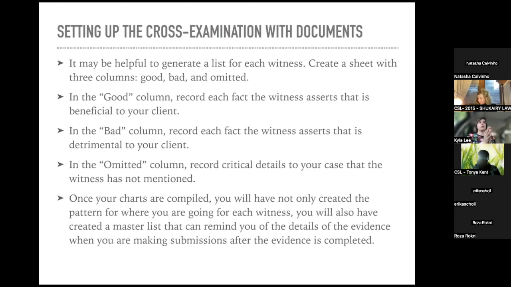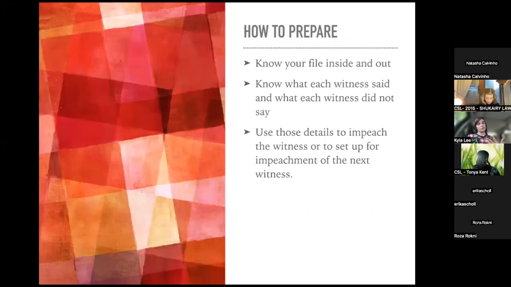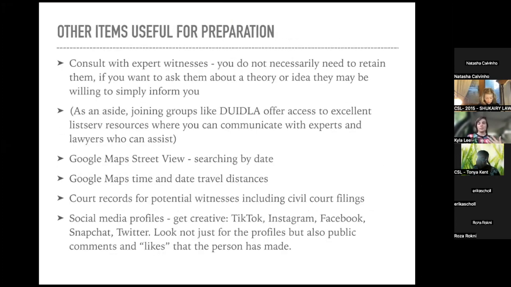So if you think, I thought that this guy said that the speech was good, rather than flipping through the disclosure in the middle of trial and looking like you don't know your case, you can flip to your list, go speech, good, okay, I know where that is, and go straight to it. And you look prepared, you look smart, the witness doesn't think that you're thrown off, even if you are. So good preparation also makes you look a lot more confident in court, which can help with the witness.